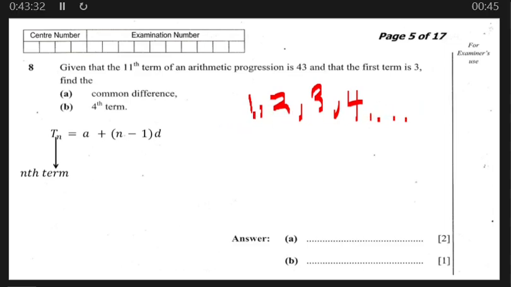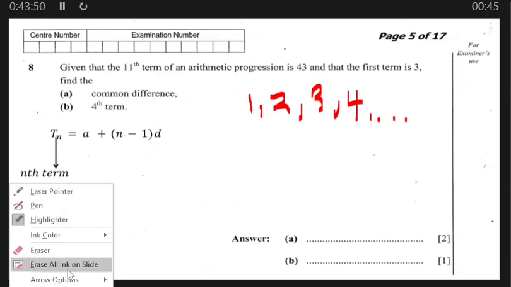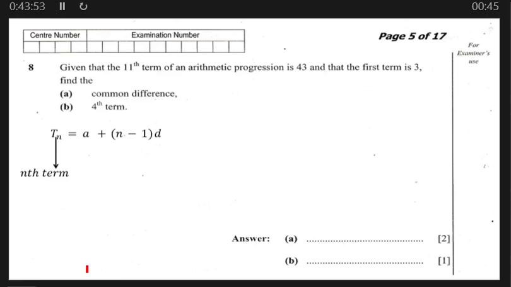So this is the first term, second term, third term, fourth term, then the fifth term, what will be its value? So that term can be found by this formula here. So that's what it means by that. So this one is for finding the fifth or the nth term.